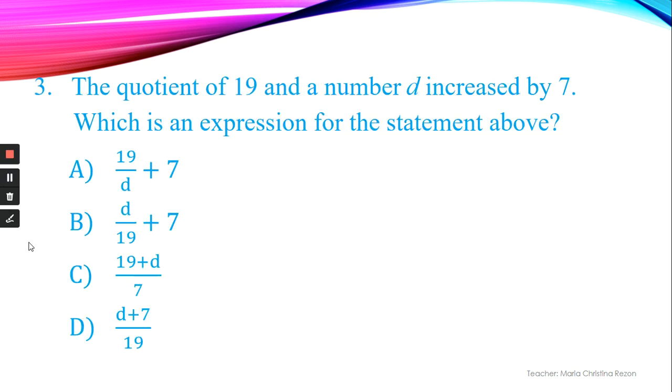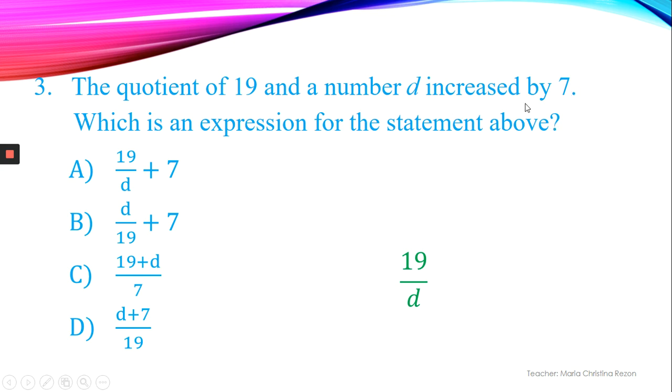The third question. The quotient of 19 and a number D increased by 7, which is an expression for the statement above. So you have quotient, which is a result when you divide two numbers, 19 and number D. So you will have 19 divided by D, increased by 7.